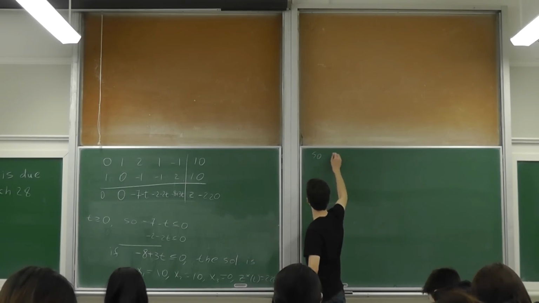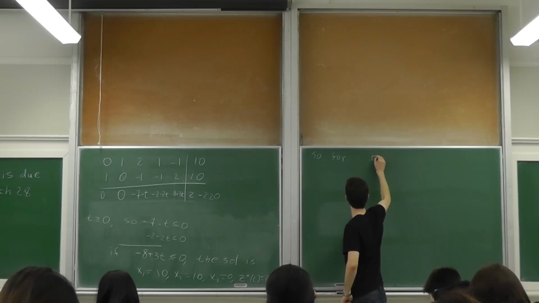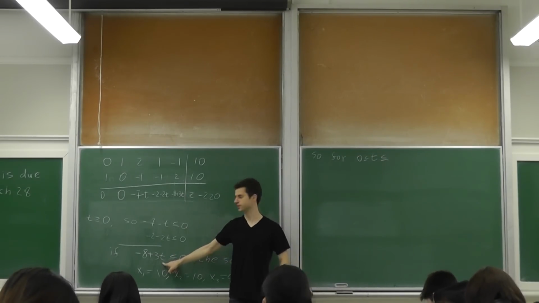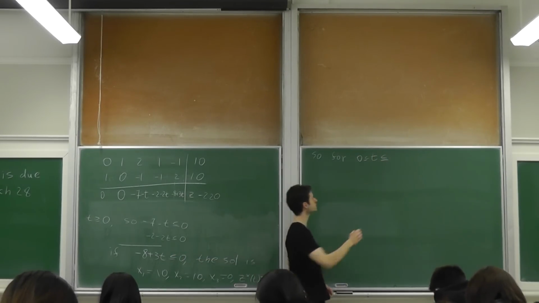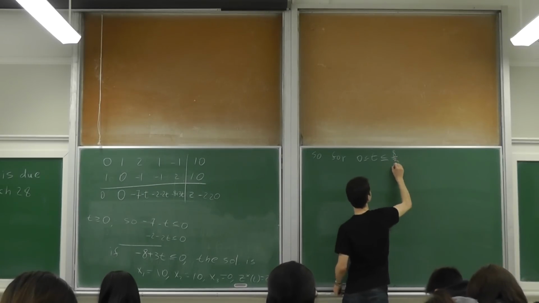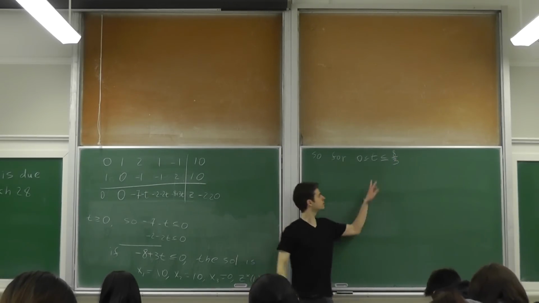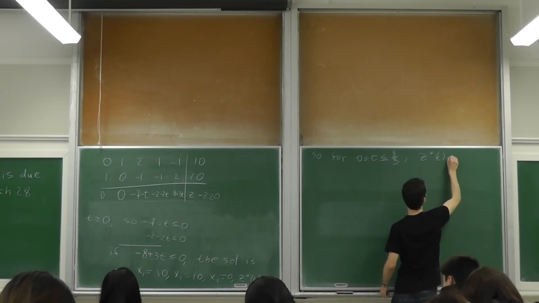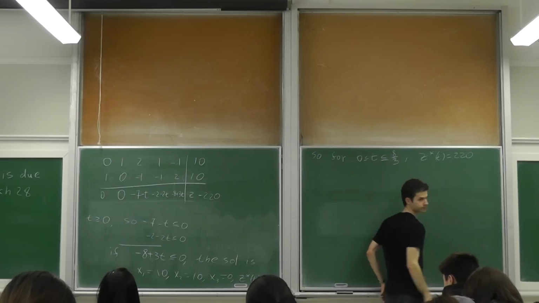So for t between 0 and 8/3, t smaller or equal than 8/3, our objective function is still 220.